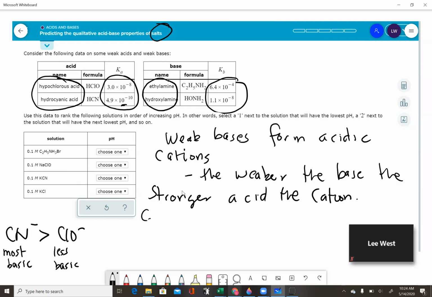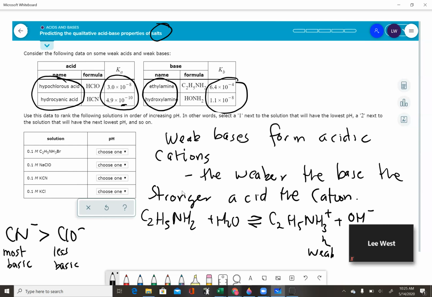So C2H5NH2, if you dissolve that in water, it'll end up in equilibrium with C2H5NH3 plus and OH minus. And that cation here is going to be a weak acid.